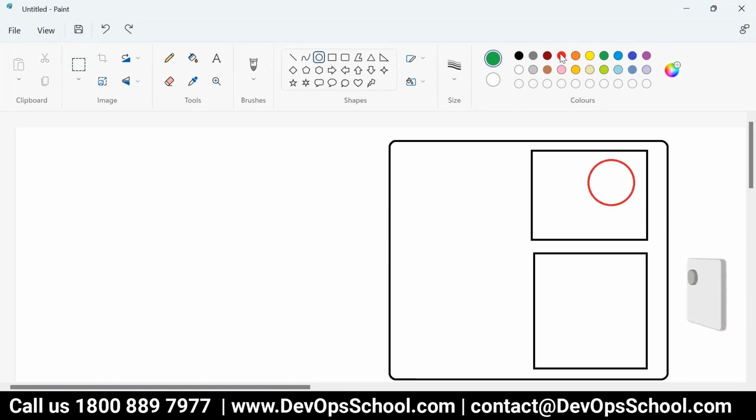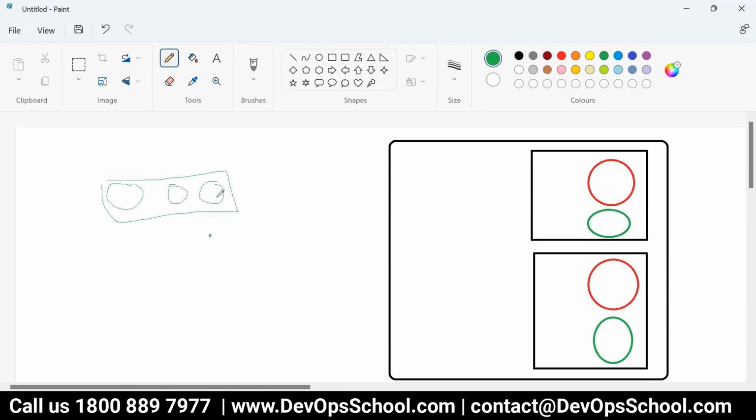And then create a database pod. So you have 3 web pods, then the app pods, and then a few pods for the database, the DB.